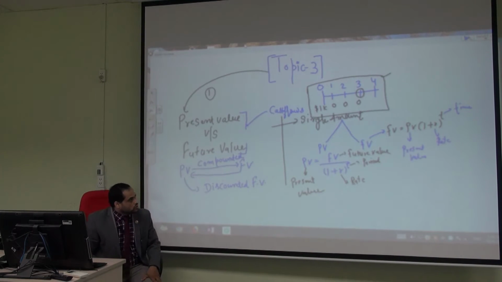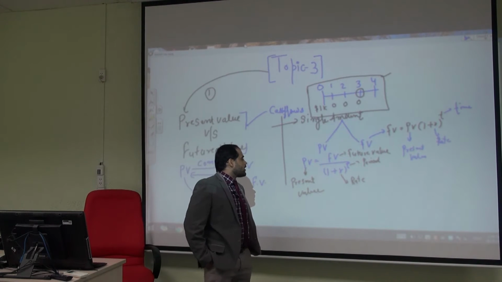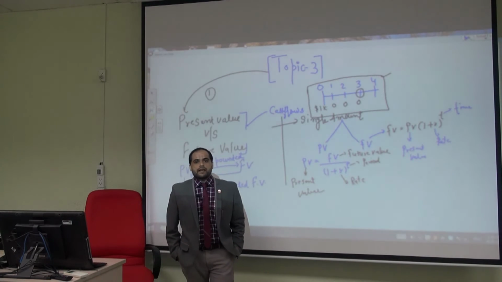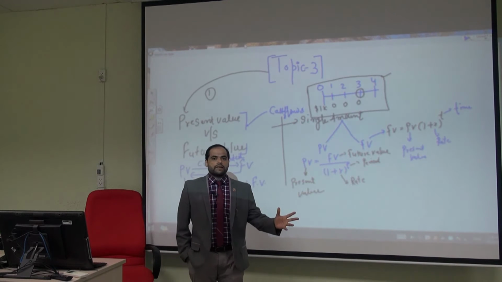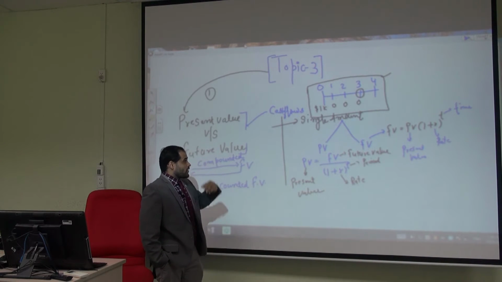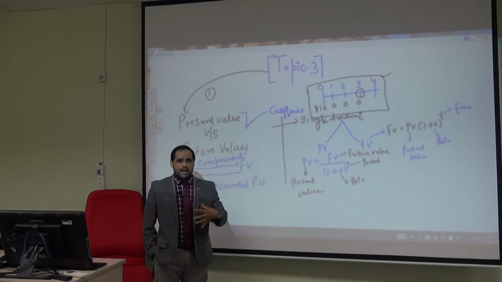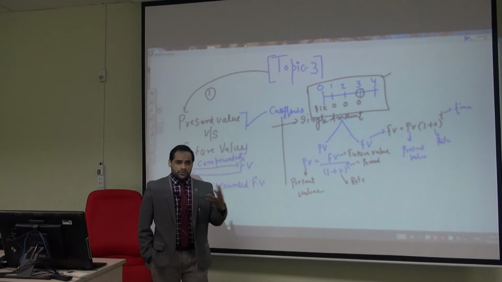So here we have present value and future value for a single amount. Remember, when we have a single amount, these two formulas are applicable. You can have a look at your lecture slides, where multiple examples and activities are given that will help you revise these formulas.